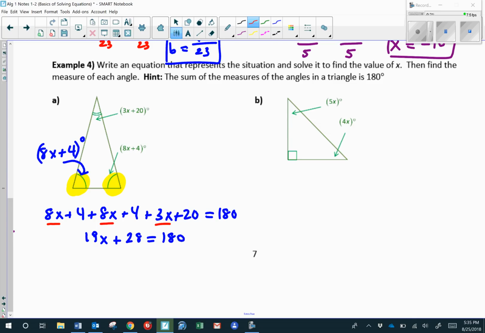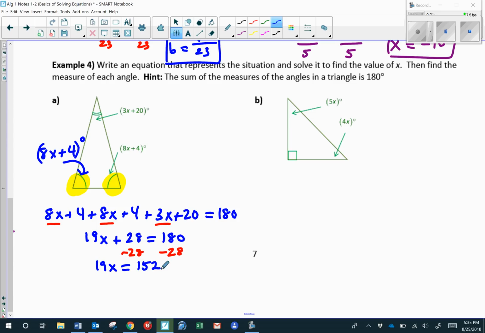Now we're ready to undo some things that are being done to x. So subtract 28, and then that's going to give us 19x is equal to, let's see, 180 minus 20 is 160, minus an additional 8 is 152.